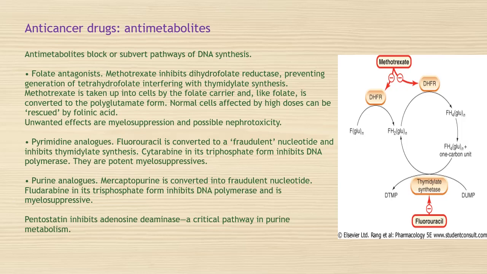Now, in this diagram, you can see that the tetrahydrofolate polyglutamate functions as a carrier of a one carbon unit, providing the methyl group necessary for conversion of dUMP to dTMP, that is 2-deoxyuridylate to 2-deoxythymidylate by thymidylate synthetase.